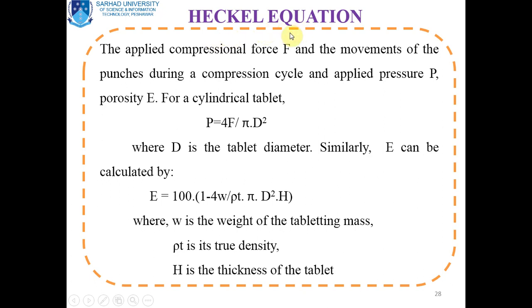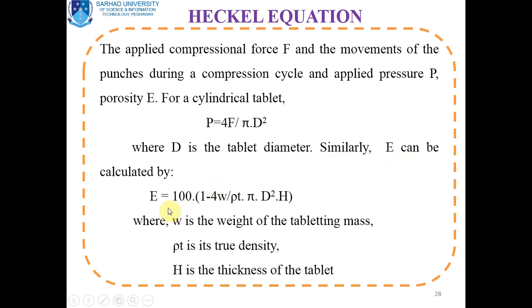Now we will discuss the Heckel equation, the applied compressional force F, and the movements of the punches during a compression cycle, and applied pressure P, porosity E for a cylindrical tablet. P is equal to 4F divided by pi d square, where d is the tablet diameter.